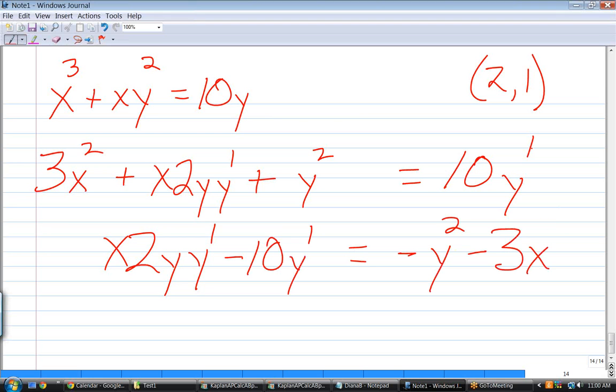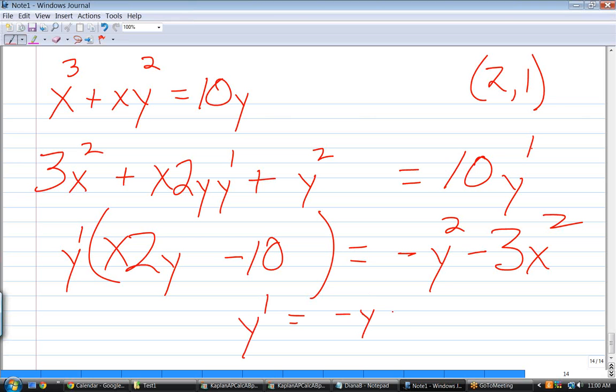Now factor out the y prime. So if I factor out the y prime, I am left with that. And now divide both sides by what's in parentheses. So you end up with y prime equals minus y squared minus 3x squared, all divided by 2xy minus 10.